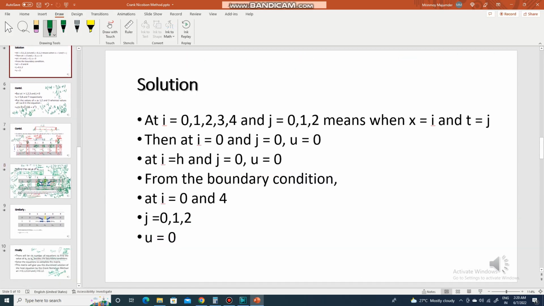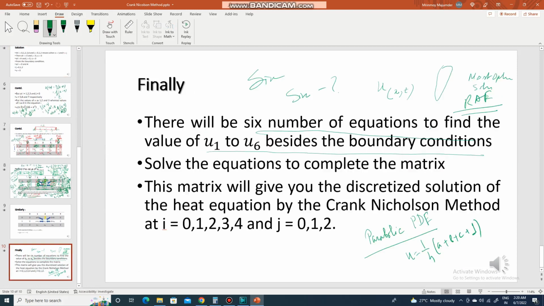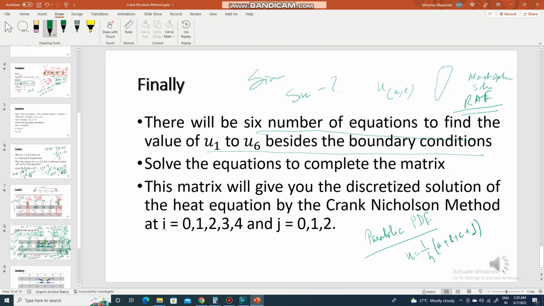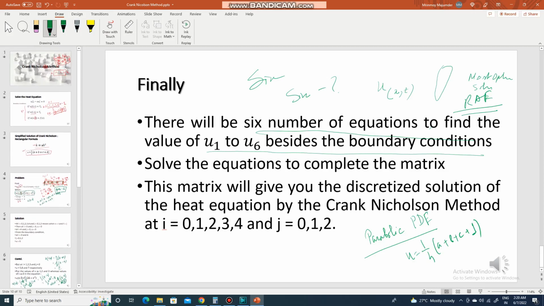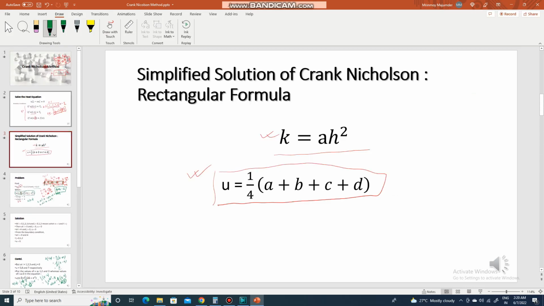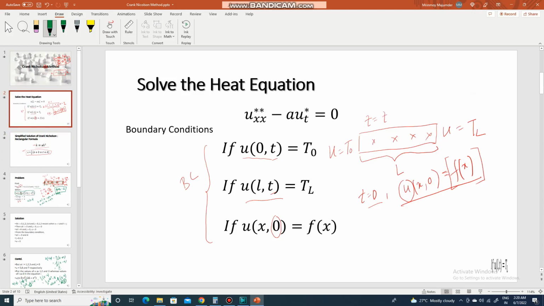Okay, so this is what we have to do, and it's a very easy method, by which you can use the Crank-Nicolson method to find the temperature at each internal node for a rod where the boundary temperature has been given.